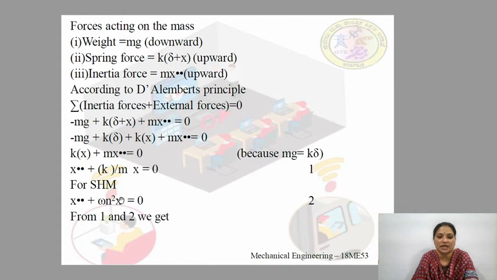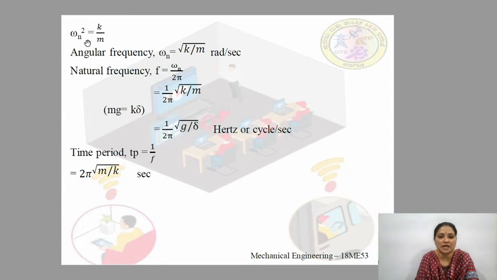So therefore omega n square is equal to k by m. Using this, we get the equation for angular frequency, that is omega n is equal to under the root k by m. The unit of angular frequency is radians per second.